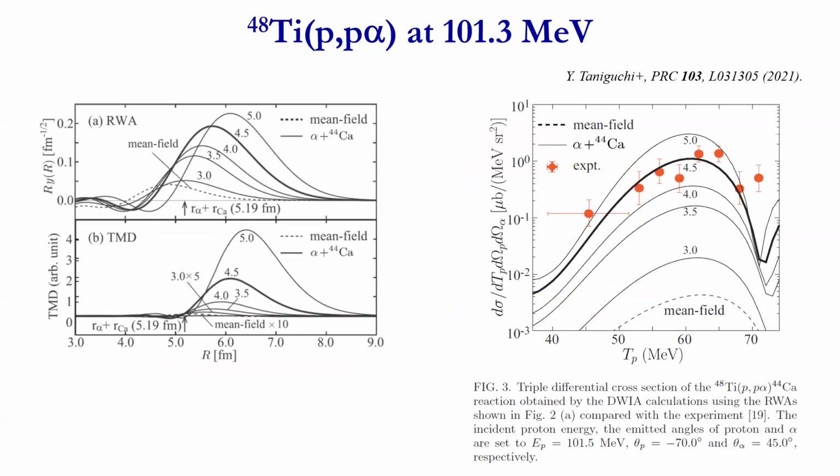But this is not the end of the story of (p,pα). So this is our trial on titanium-48 (p,pα) going to calcium-44. And again, we use the AMD calculation. Okay, the figure is very busy, so let me just explain quickly. Please just look at that dashed line on the right. This is a result of AMD.